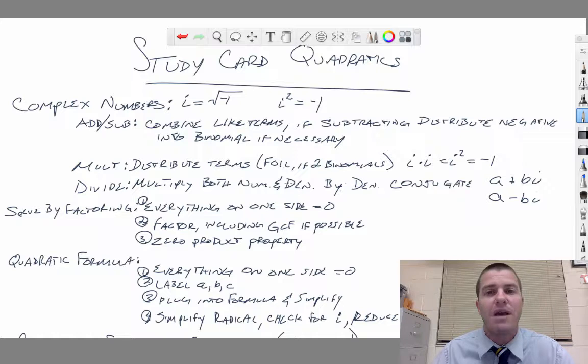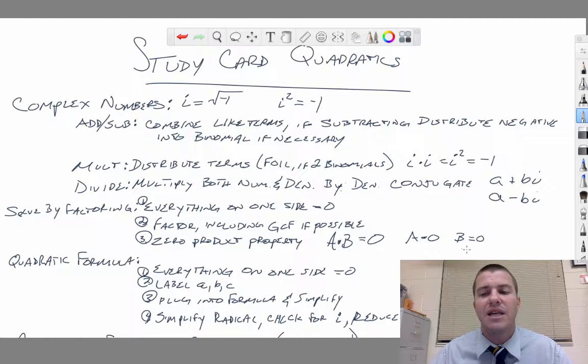The variable can be a part of the GCF if every term has that variable. And then you have your zero product property, which says if A times B is equal to 0, then A is equal to 0 or B is equal to 0. You still need to solve this. Okay, so set each parentheses equal to 0, or each thing being multiplied equal to 0, and solve.